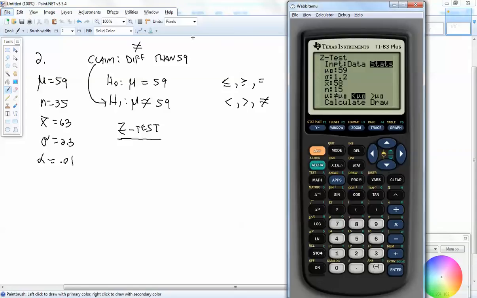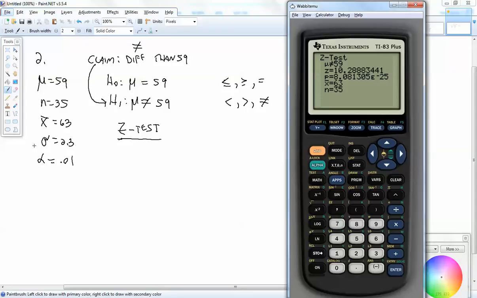Mu naught is a number off of your claim, H naught and H1, which is still 59. Sigma is 2.3. X bar was 63. And n was 35. Now this next one is a symbol off of H1, which was a not equal to. So I press enter on not equal to, down arrow, and choose calculate.